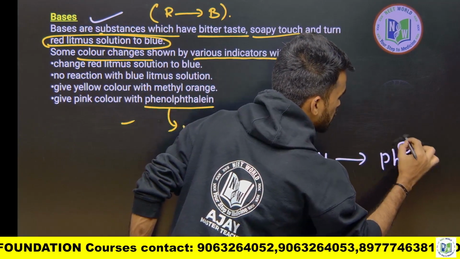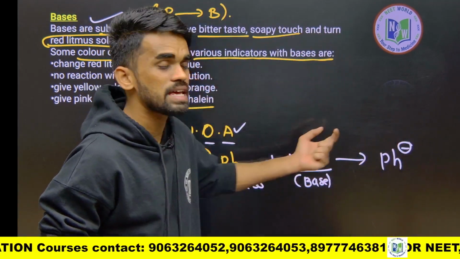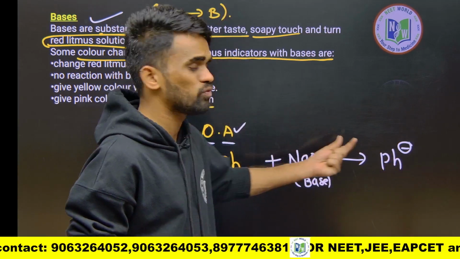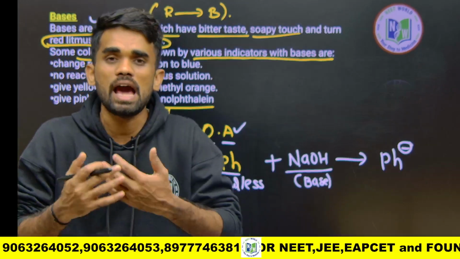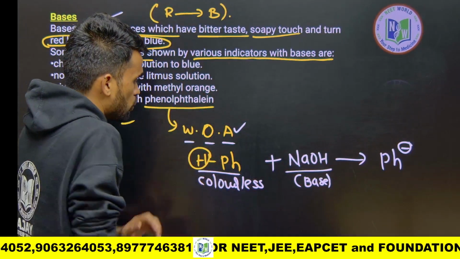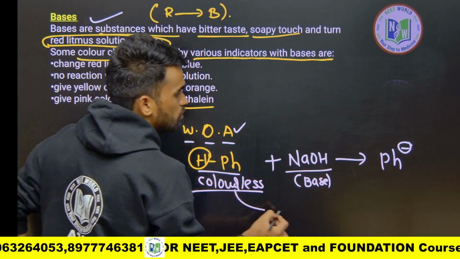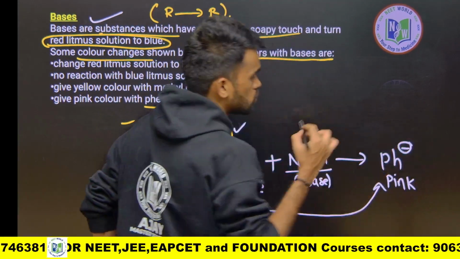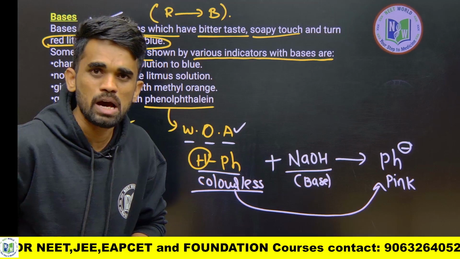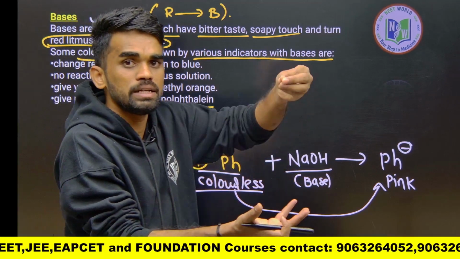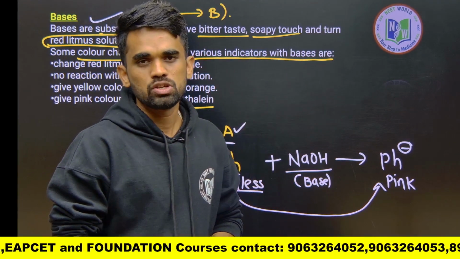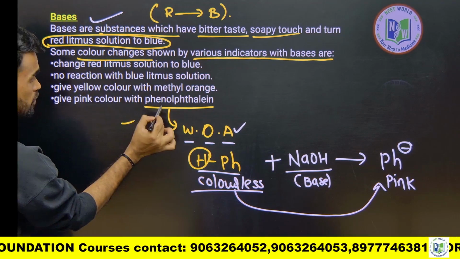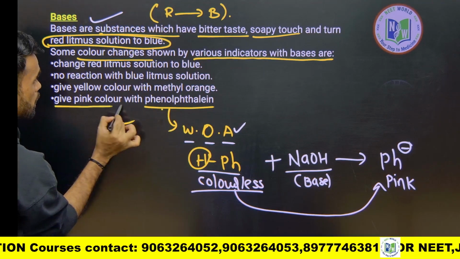It means the phenolphthalein is getting ionized now. The anionic form of phenolphthalein is formed, and it will have some color. Therefore the colorless solution converts into a pink color. This is the change we observe when we add phenolphthalein indicator to a basic solution. So when we add phenolphthalein to the base, it gives pink color.